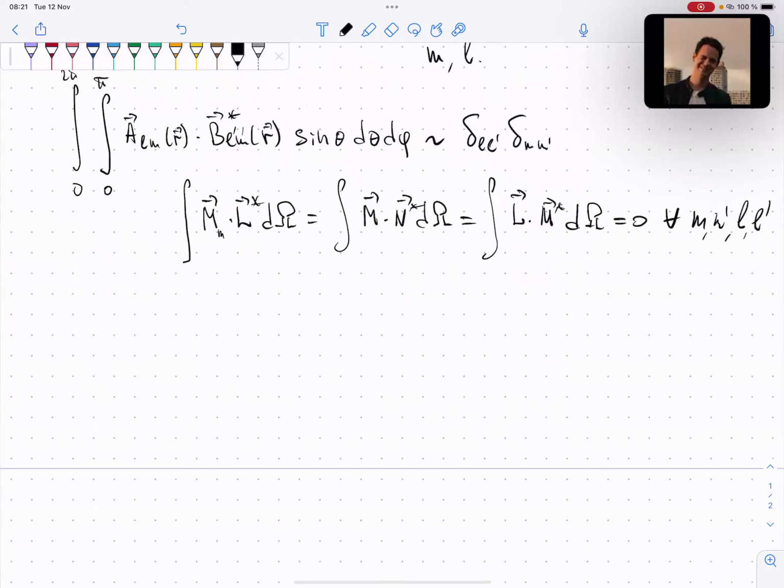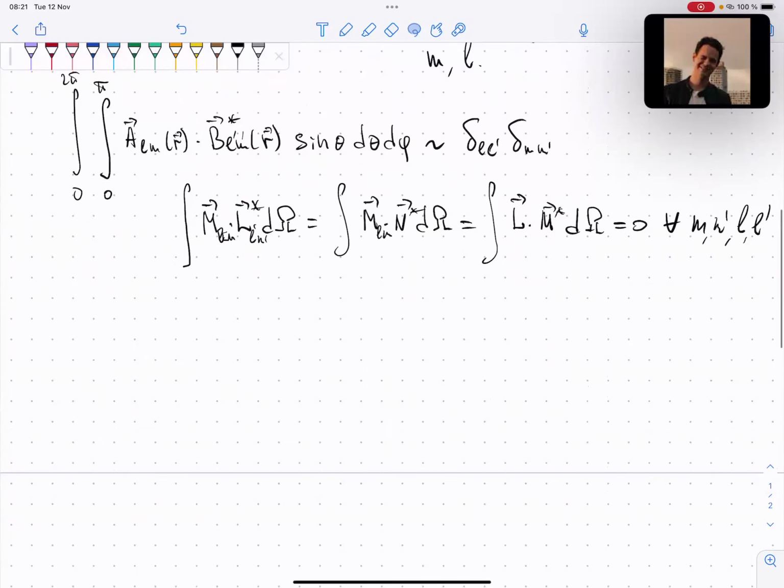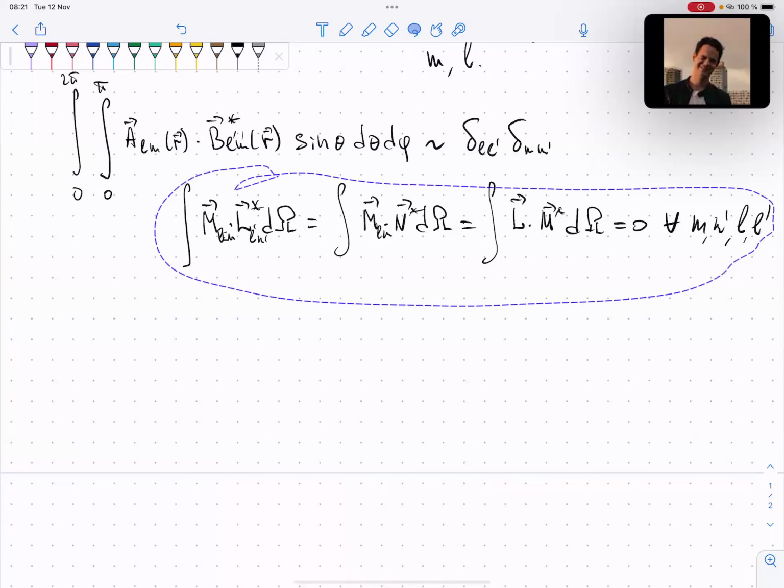Here it's l m, l prime m prime. Here is also l m, and so on and so forth. So these functions are also mutually orthogonal.